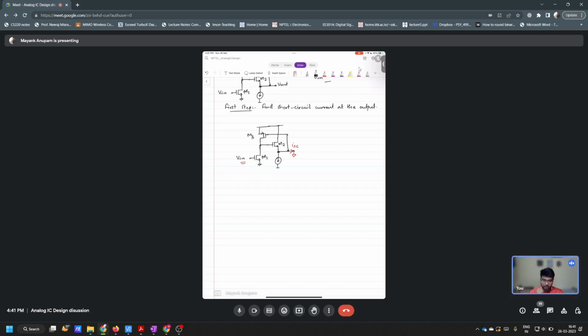Sir, the voltage at the drain of M1 will be GM into RO3 into V in. What are you saying? Sir, the node voltage of M1 at the drain. Yeah, this drain voltage.